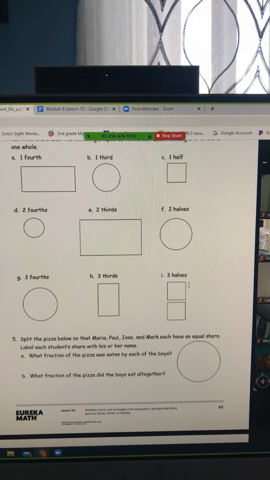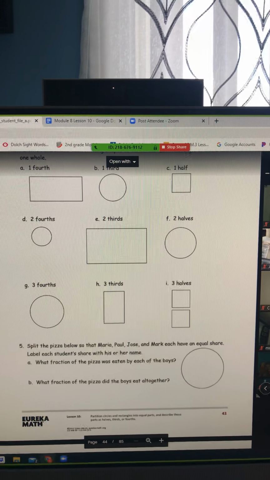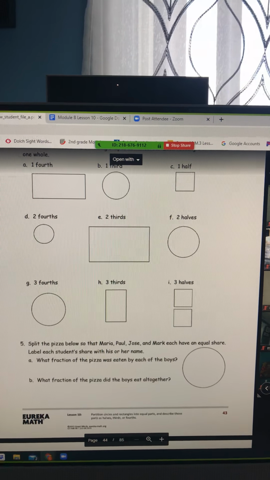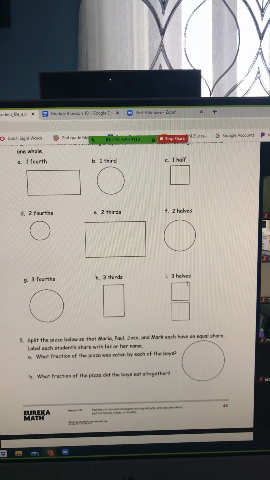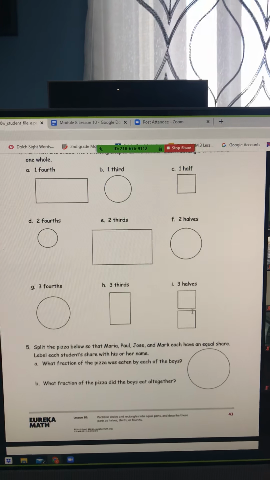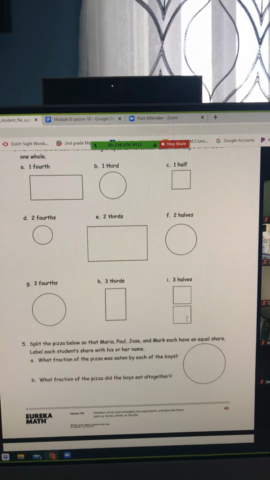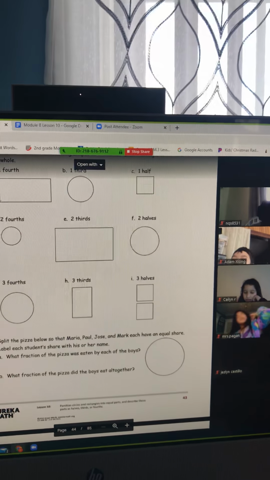I'm going to explain it again. I saw LaShiny's face go, "What, Mrs. Pagan? I'm a little confused." You're going to partition this into half and this one into half and then show me how many and then shade in 3/2. Okay?